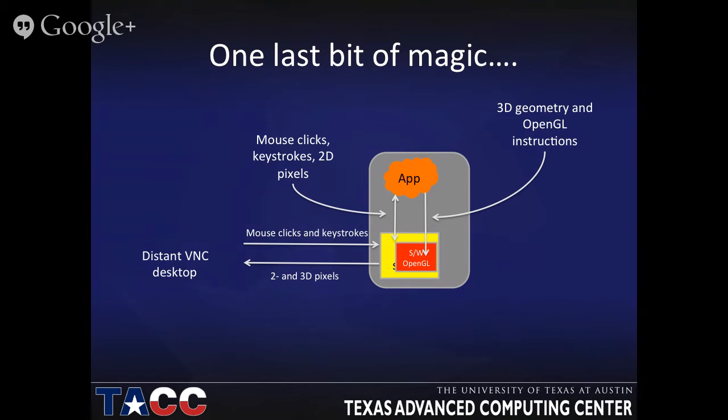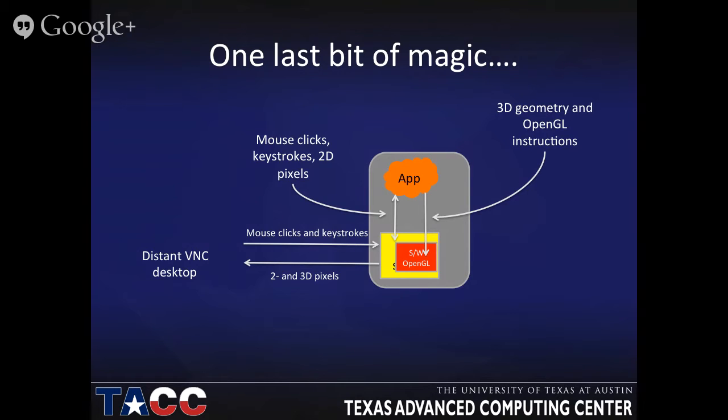So now, all of your graphics commands, I want to show what this triangle looks like rotating, all of those commands go through this path to a software renderer in order to generate 3D pixels that go back to your desktop.